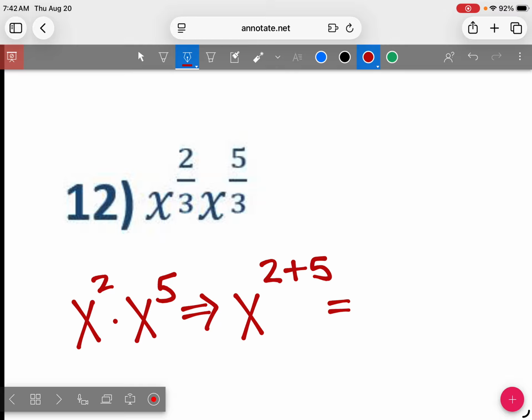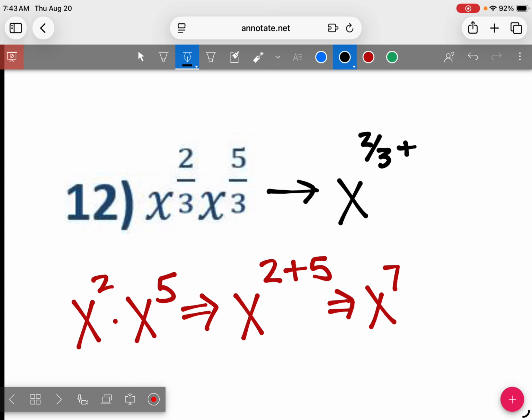We're going to do the same thing, except now they're fractions, but that's okay. So I'm going to take x to the power of 2/3 plus 5/3. So 2/3 plus 5/3 would be what? What do you have to have in order to add fractions? A common denominator.